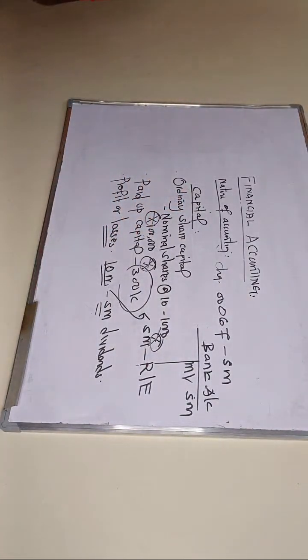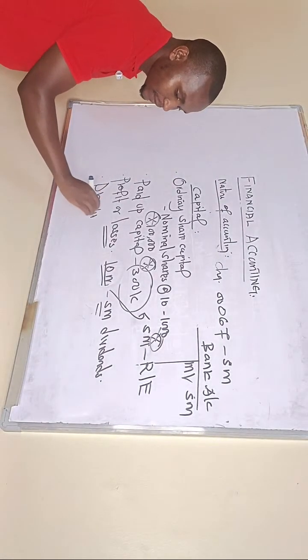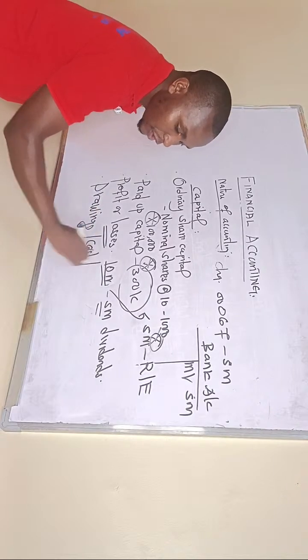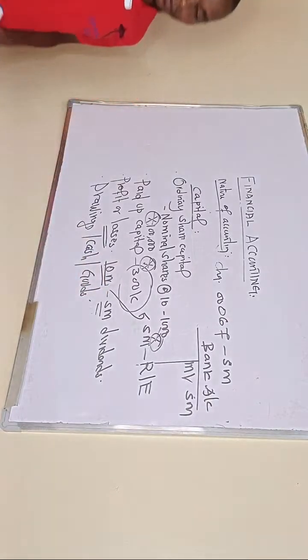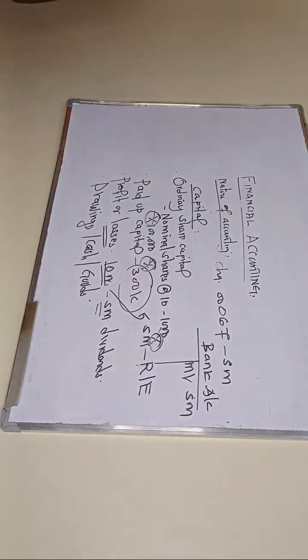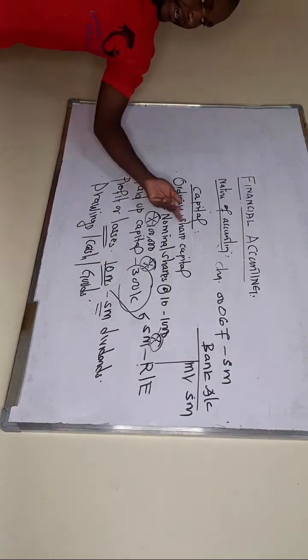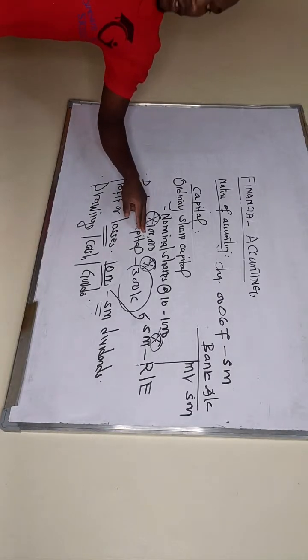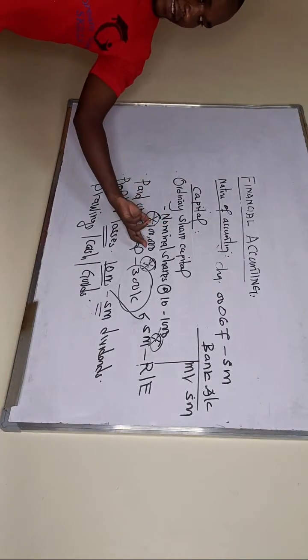Another one is drawings, either cash or goods. If you draw cash as a director, it means you are reducing the value of your shares, or the value of ordinary share capital. So you have to adjust this capital.